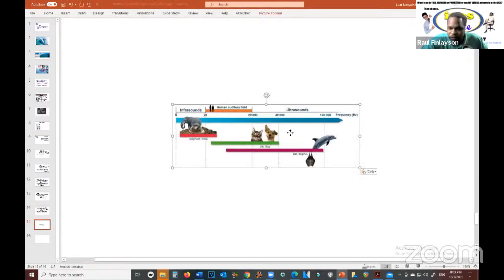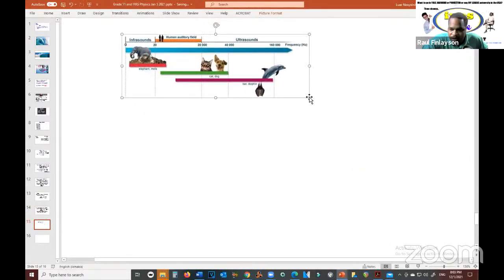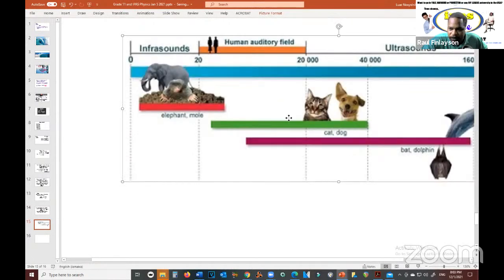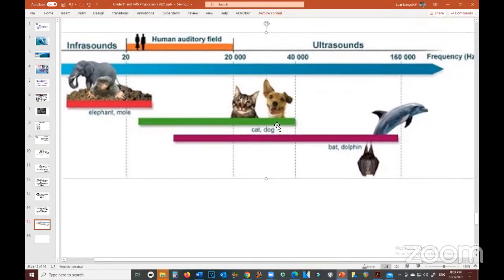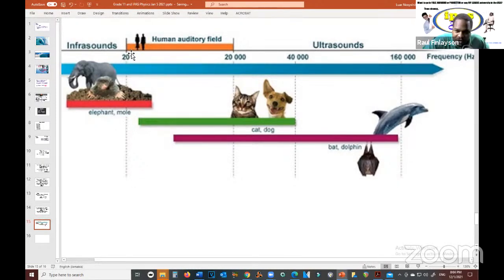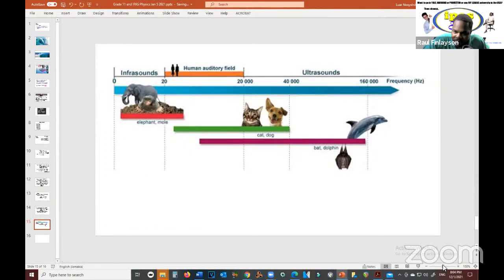All right. I'll leave you with that chart here. This little chart can give you an idea of what's happening here. Humans, you see, have 20 to 20,000. We can hear that. But then you have other animals that can do better than that.